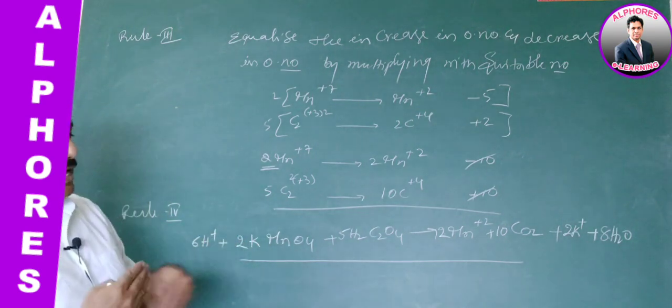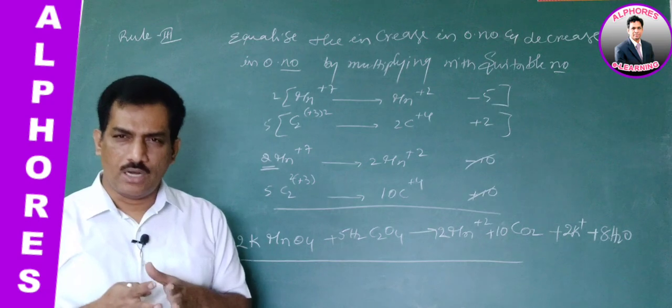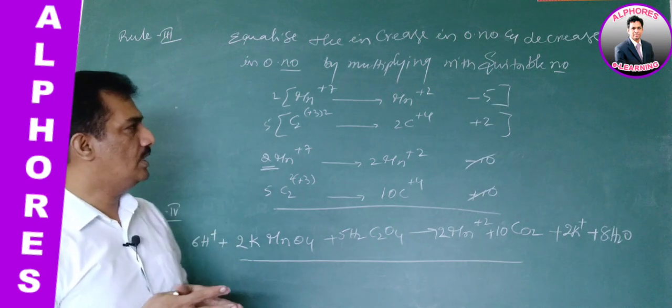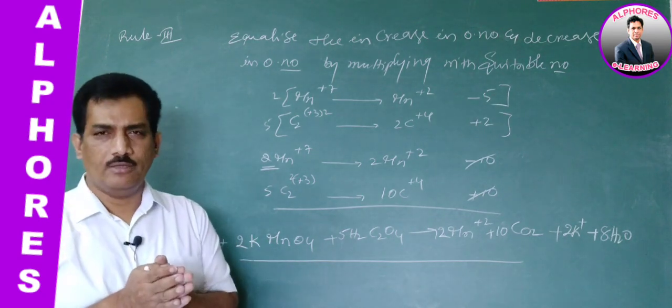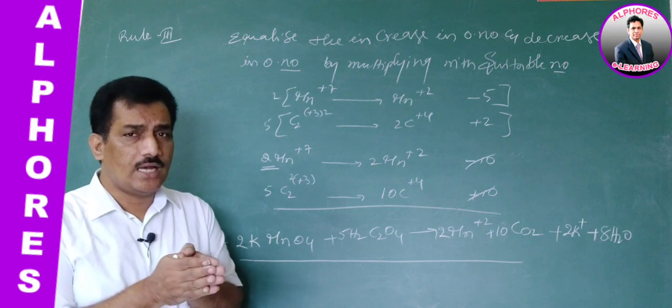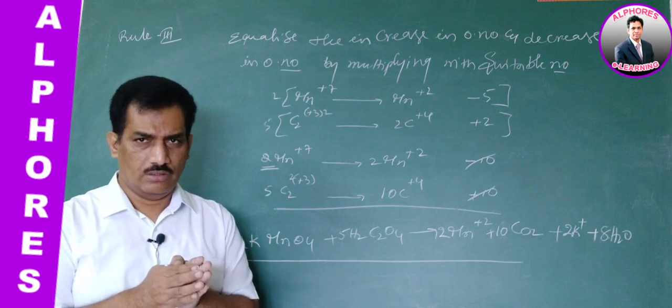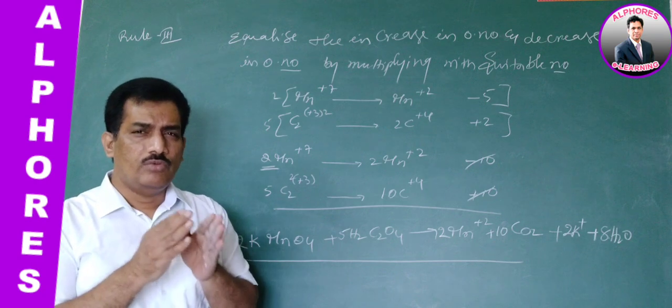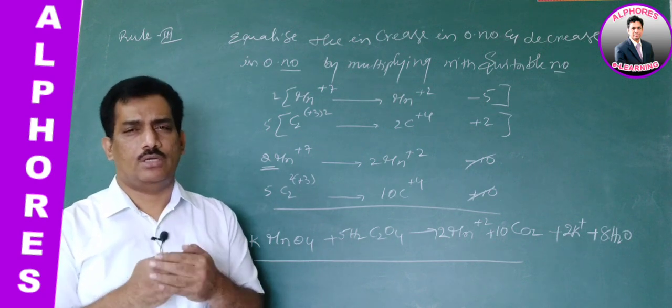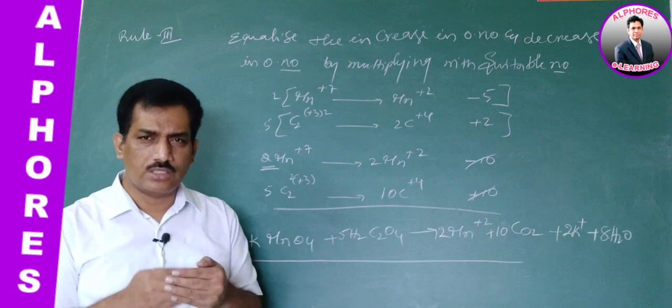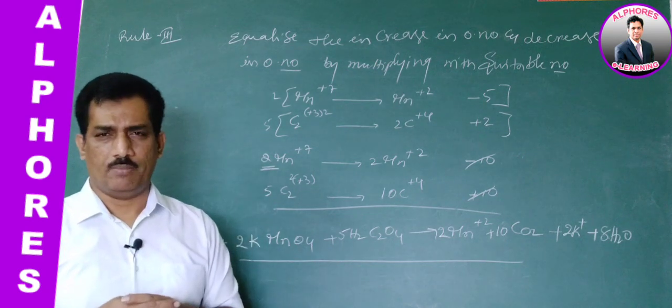Again I am repeating, in the oxidation number method, first we identify the elemental atoms which are undergoing oxidation and reduction. That means which is increasing its oxidation number and which is decreasing its oxidation number, we identify them.